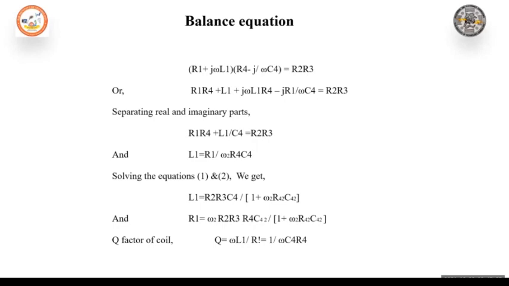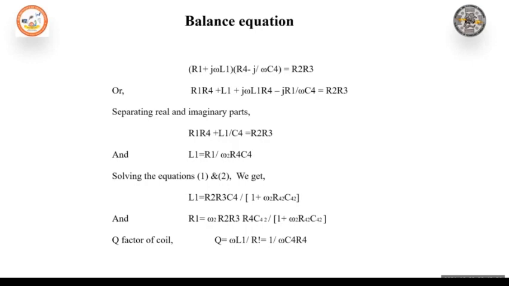In place of Z1 we have R1 minus j by omega C1, and Zx is Rx plus j omega Lx, which is equal to R2 into R3. If I simplify that, R1 Rx minus j Rx by omega C1 plus j omega R1 Lx plus Lx by C1 is equal to R2 into R3.